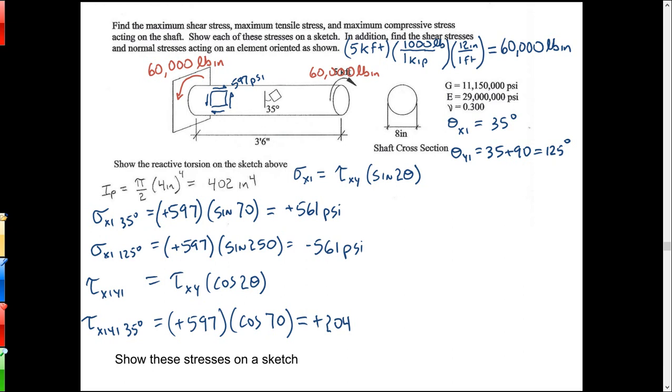You'll get sigma x1 at 35 is plus 561, sigma x1 at 125 is minus 561, and then the shear is plus 204 on the 35-degree plane.